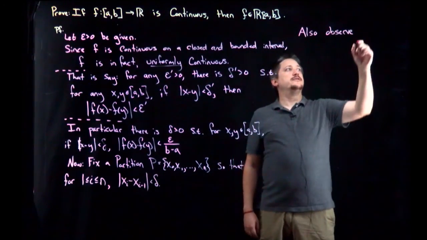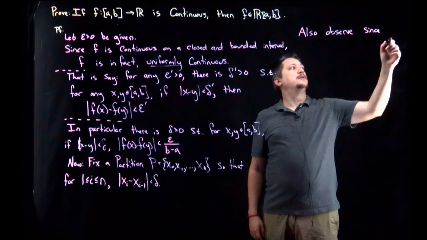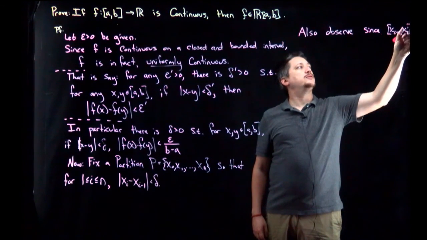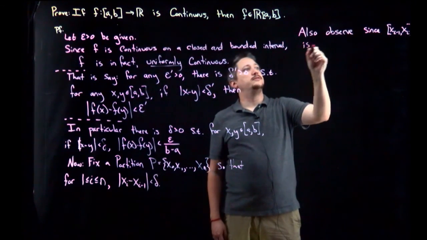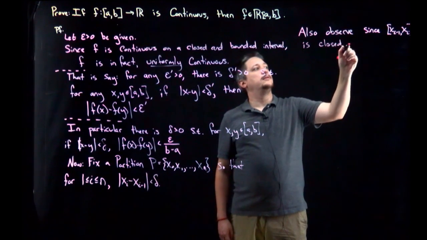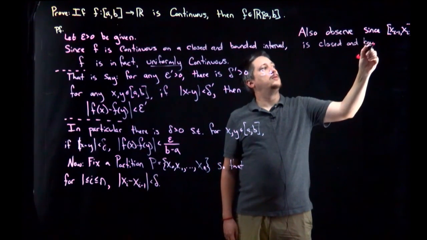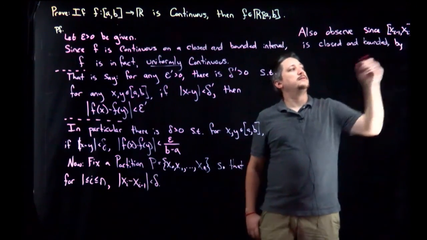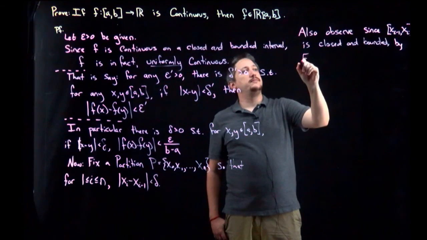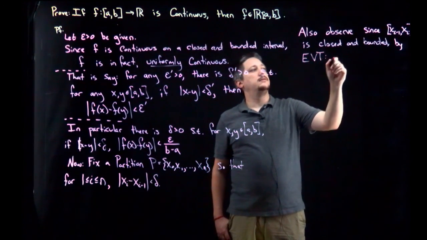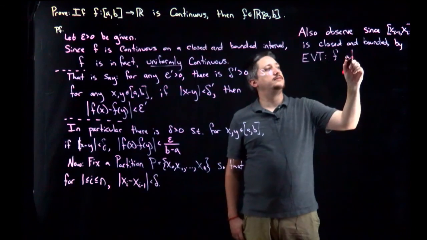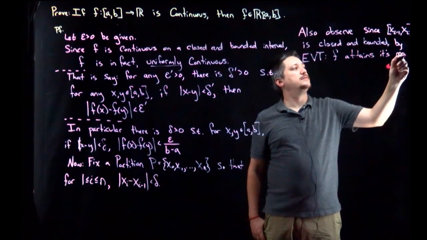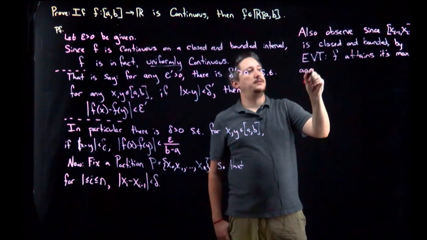Since the closed interval from x_{i-1} to x_i is closed and bounded, by the extreme value theorem, EVT, f attains its max and min.